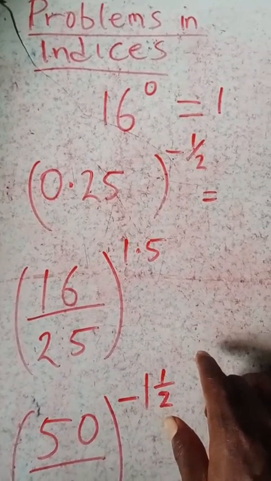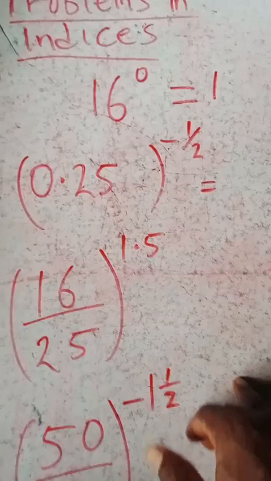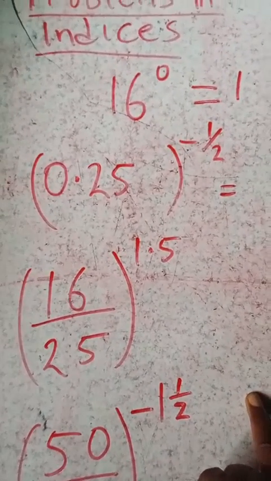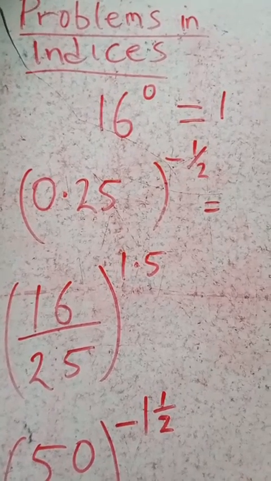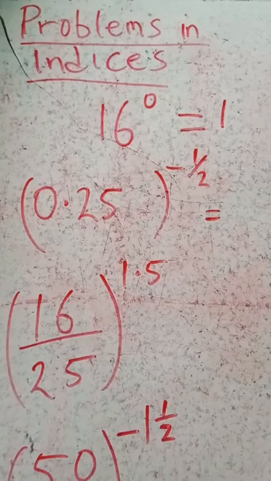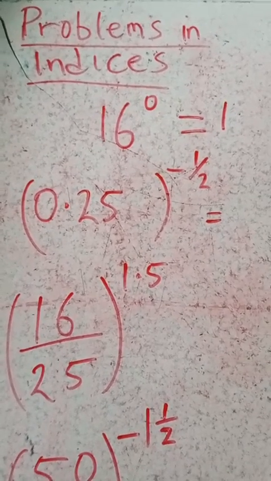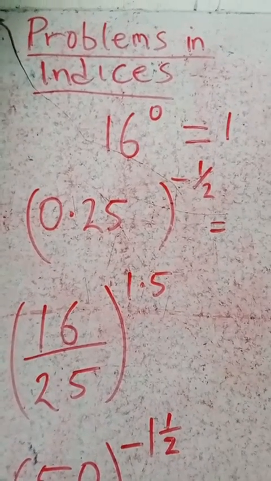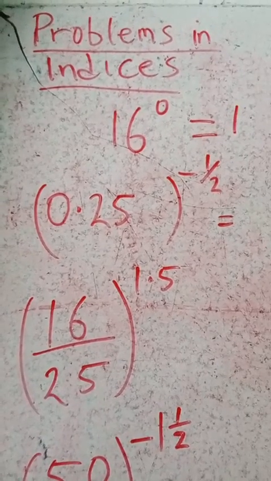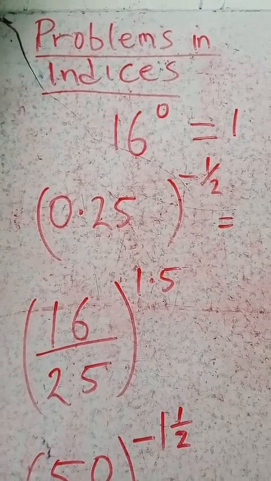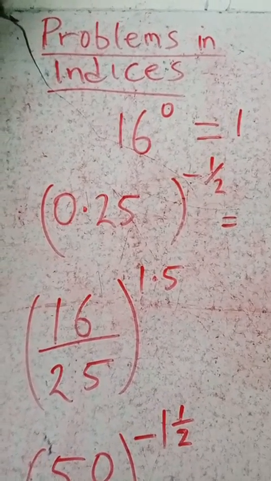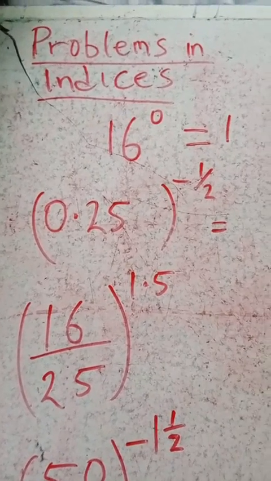First of all, we will treat the base, which is 0.25. It is a decimal, so we are first going to convert it to a fraction. I've talked about conversion of decimal to fraction and fraction to decimal in one of my videos, so check it.